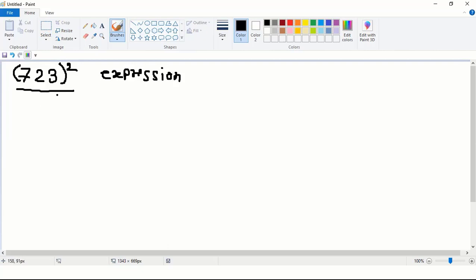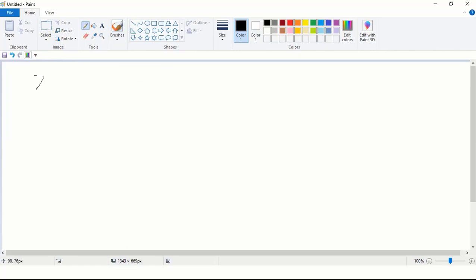How to solve this expression? 723 whole power square can be expressed as 723 into 723. Here is the multiplication.